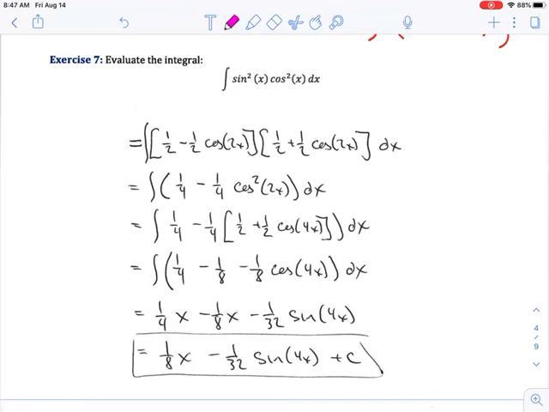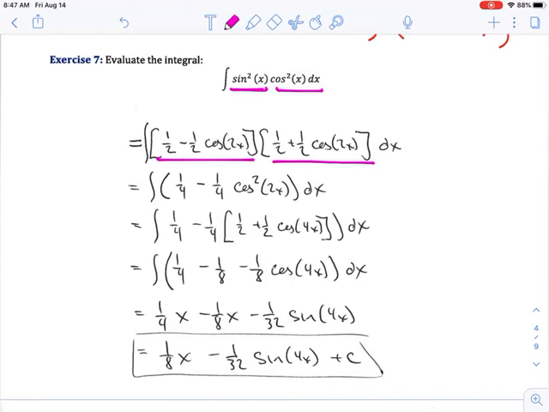So in this particular case, we're using the trig identities where sine squared of x is equal to 1/2 minus 1/2 cosine of 2x, and cosine squared of x is 1/2 plus 1/2 cosine of 2x. Then multiply those together.